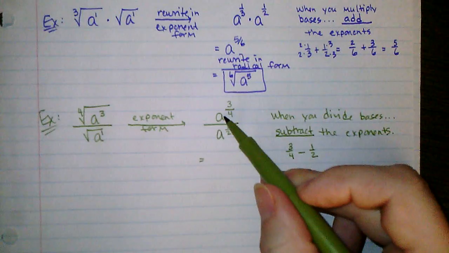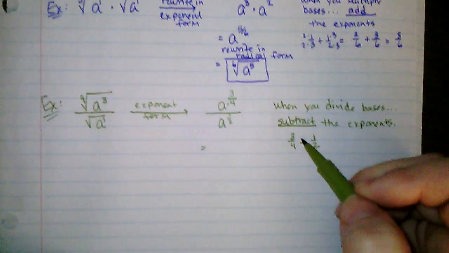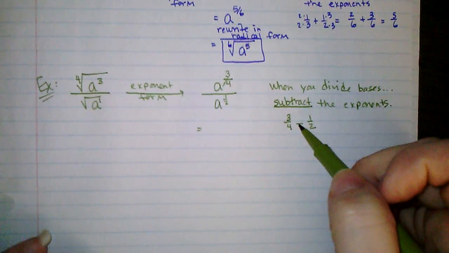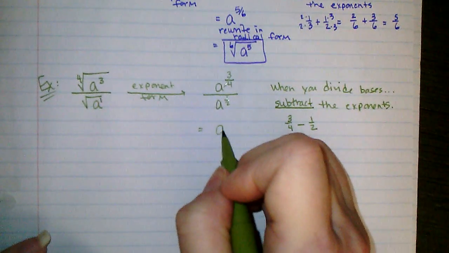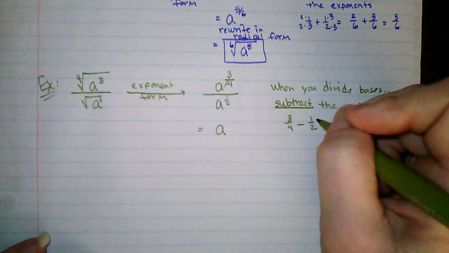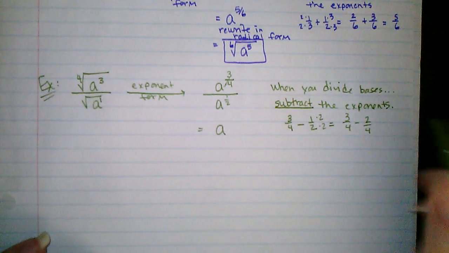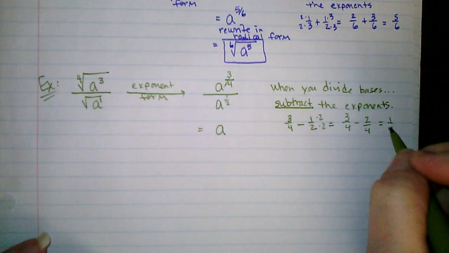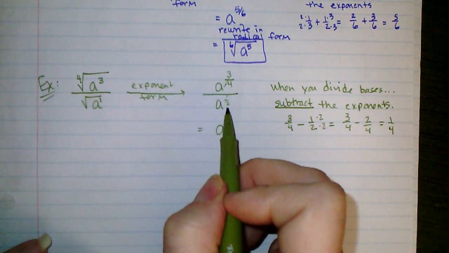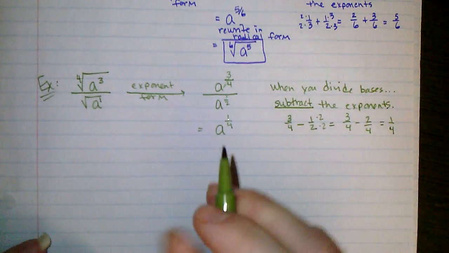Since I started with the numerator in my subtraction problem, my answer is going to go in the numerator instead of the denominator. So 3/4 minus 1/2, need a common denominator. So that's 3/4 minus 2/4, which is 1/4. So a to the 3/4 over a to the 1/2 is equivalent to a to the 1/4.